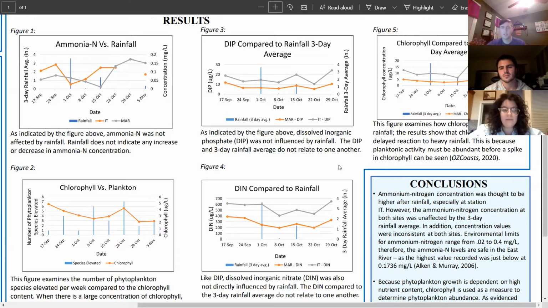Because this is a weekly study, as Chris previously mentioned, the data may not be perfectly quantified, as it takes time for DIN and DIP to appear. Now, the site closest to the CSO, site IT, was clearly shown to be higher in concentration, but like the other figures, rainfall was not a direct factor.